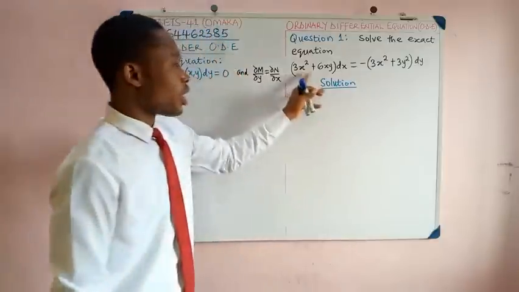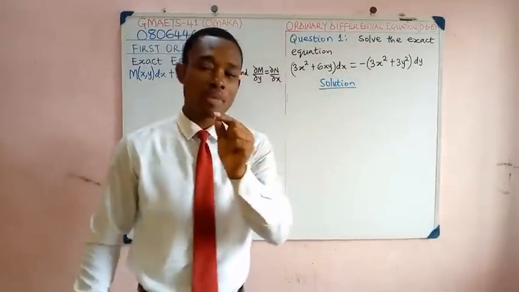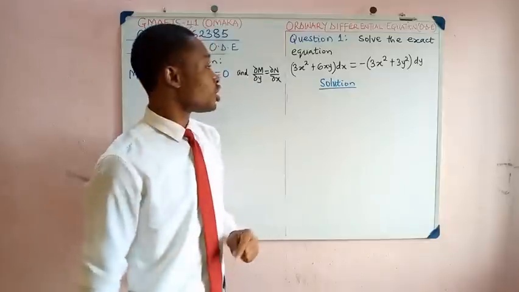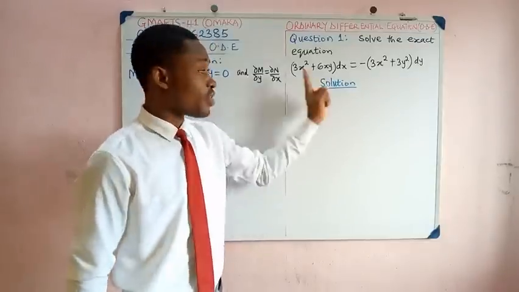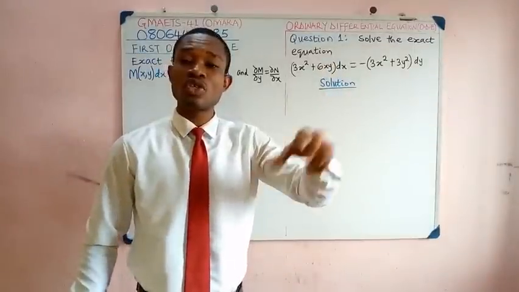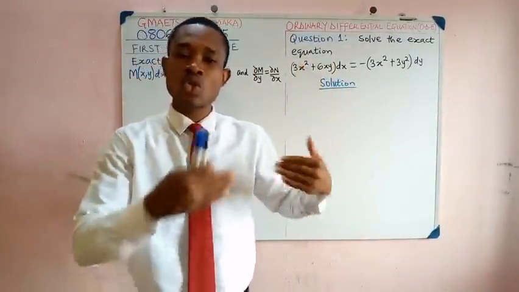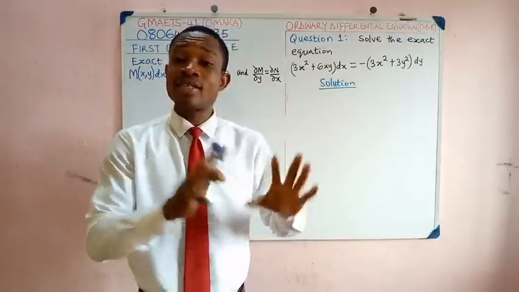For example, verify that this differential equation on the board is a homogeneous differential equation of degree 2. Which means that this problem can still be solved using the homogeneous equation method. Is that okay?